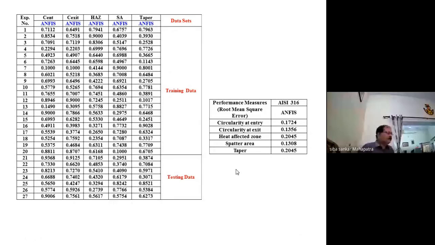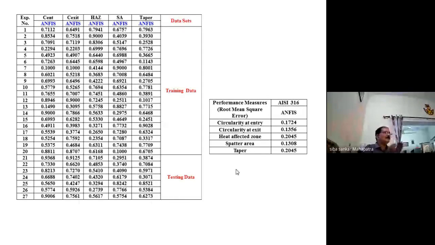Of course, time is limited. That's why I have not covered the fuzzy inference system, genetic programming and support vector machine. These are really interesting and good prediction tools, which are extensively used for prediction of outputs in manufacturing.